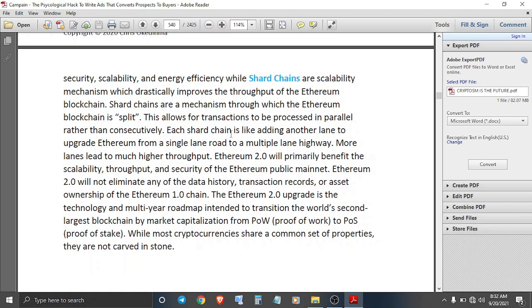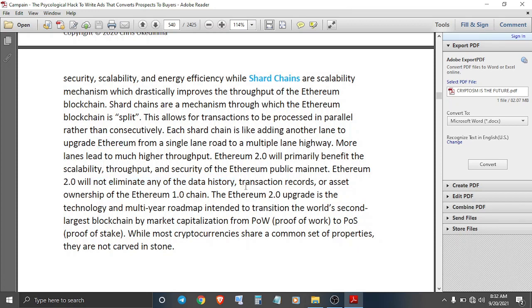Each shard chain is like having another lane to upgrade Ethereum from a single lane road to a multiple lane highway. More lanes lead to much higher throughput. Now, Ethereum 2.0 will primarily benefit the scalability, the throughput, and the security of the Ethereum public mainnet. Ethereum 2.0 will not eliminate any of the data history of Ethereum 1.0.